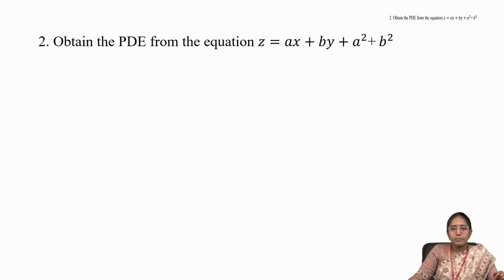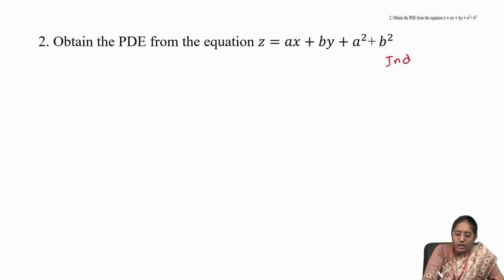Now take one more example. Obtain the partial differential equation from the equation z equals ax plus by plus a square plus b square. Here also observe the number of independent variables is 2 and the arbitrary constants are also 2.